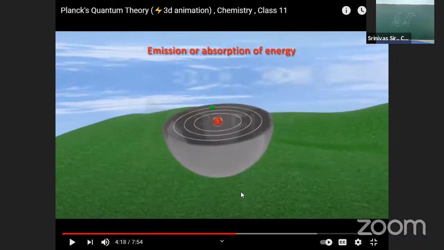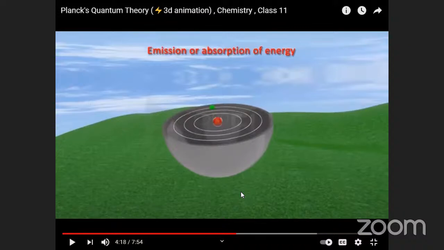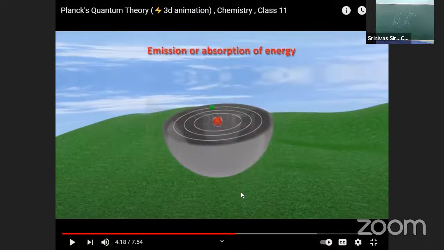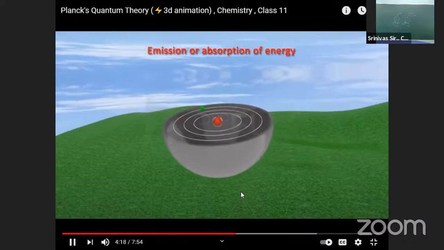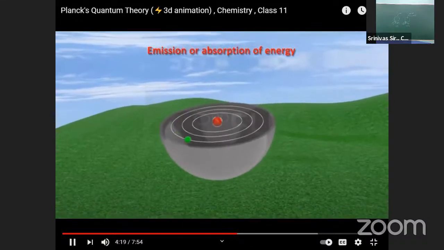See, now what happened? A light has come. It moved to the third orbit, sir. Yes, it moved to the third orbit. A light has come, and that light was absorbed by that electron and it jumped into the third orbit. Yes, sir. This idea will help you when we discuss Bohr's model.